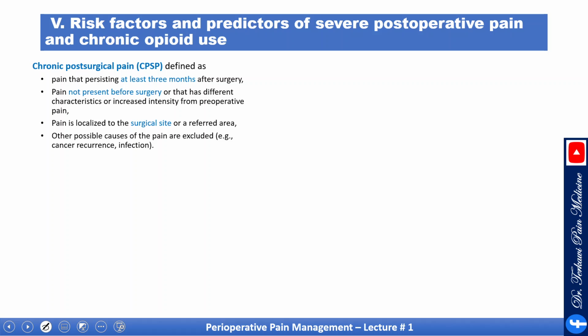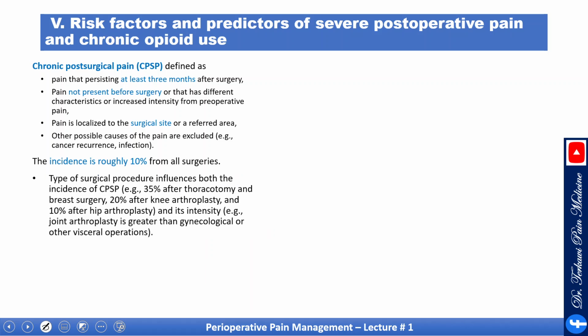Other possible causes of pain are excluded, like cancer recurrence and infection. The incidence is roughly about 10% from all surgeries. However, there are certain types of surgery with higher incidence, for example, 35% after thoracotomy and breast surgery, 20% or 15% after total knee arthroplasty, and 10% after hip arthroplasty.